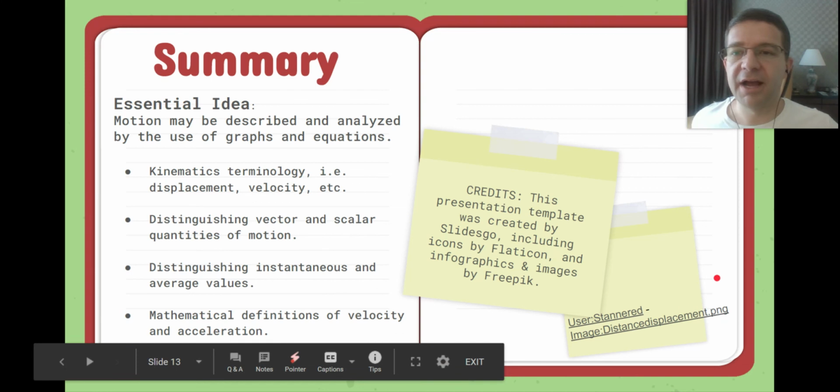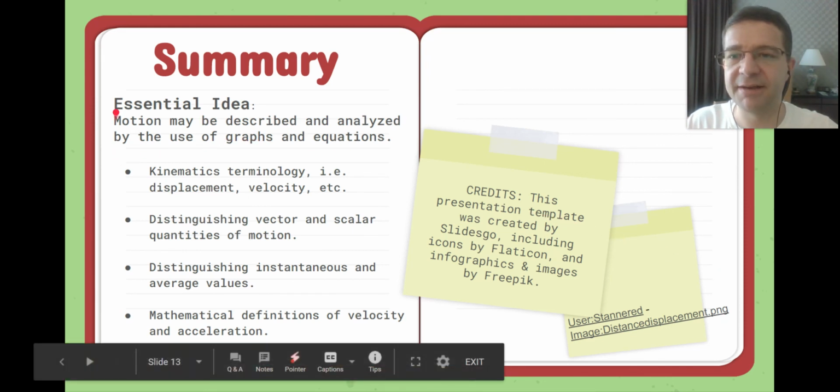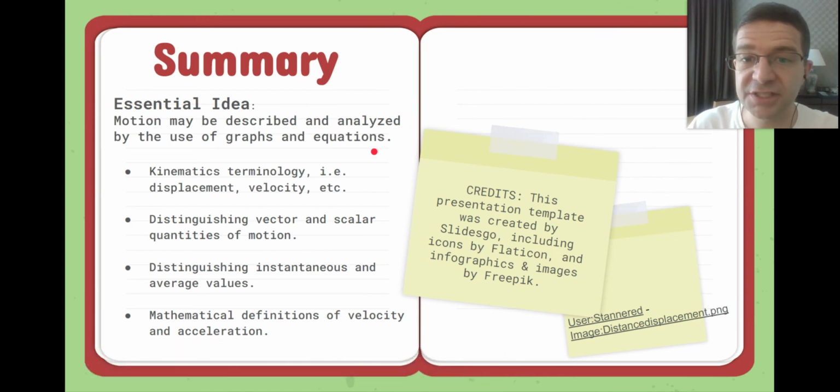So that's where we're going for at the start for one-dimensional motion. The essential idea here that we're connecting to is that motion can be described and analyzed by the use of graphs and equations. In this case, we're working with equations. Tomorrow, we'll look at graphs. The terminology that I'm hoping you're familiar with, if you've still got questions, make sure you ask: position, displacement, distance traveled, velocity, speed, and acceleration.